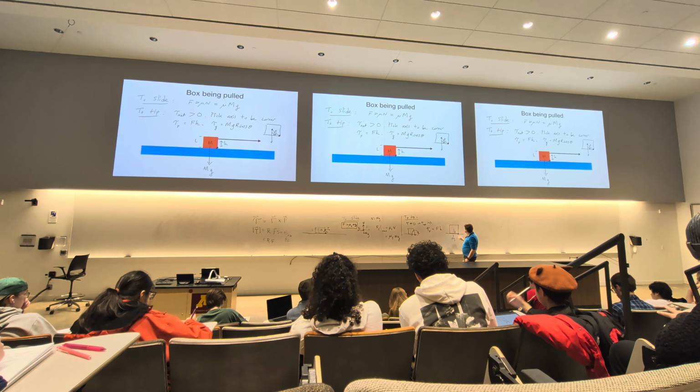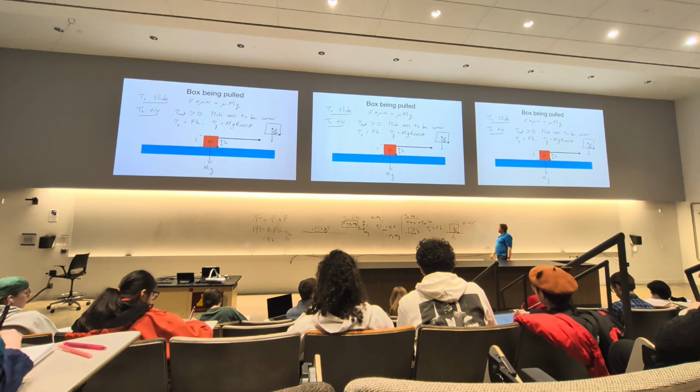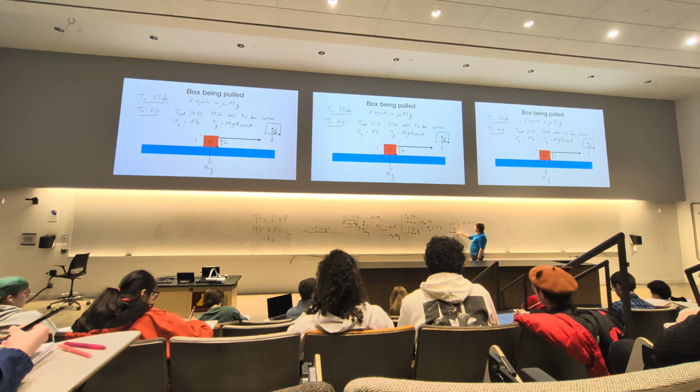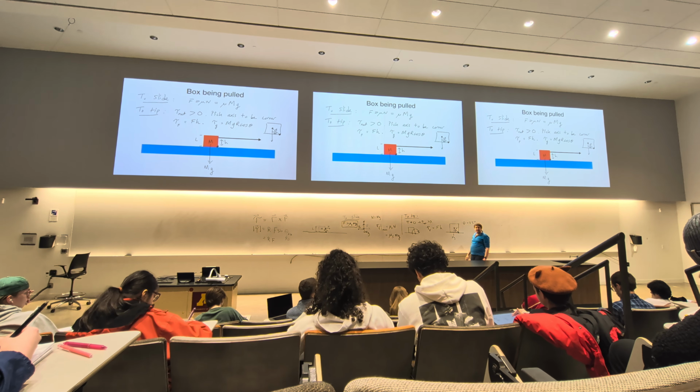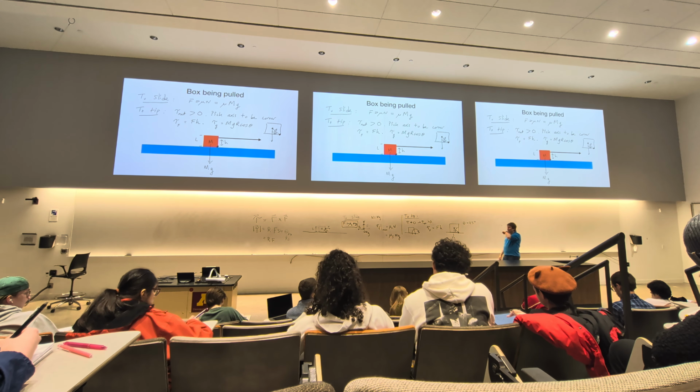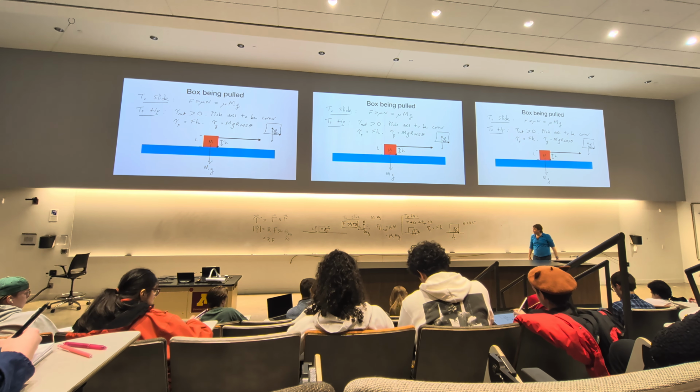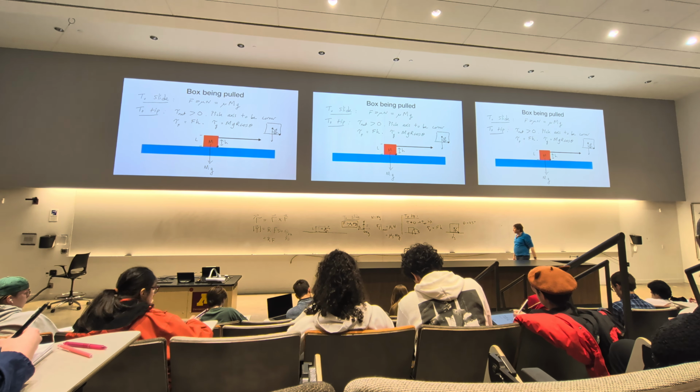So, if you stare at this thing for a minute, maybe you will convince yourself that theta is 45 degrees. The reason I say that is that this angle is half of this angle, which is definitely 90 degrees. So theta should be 45 degrees. And then we need to know this length.